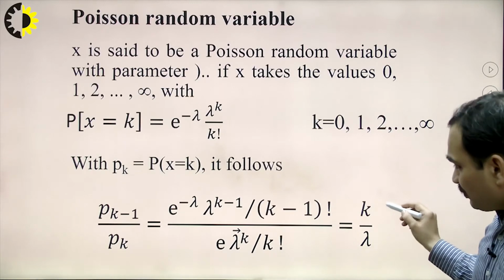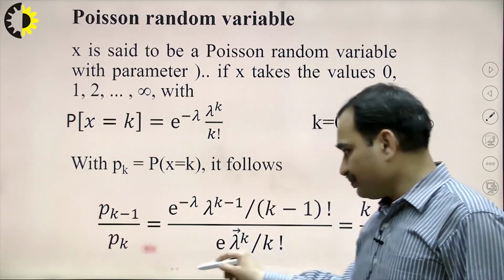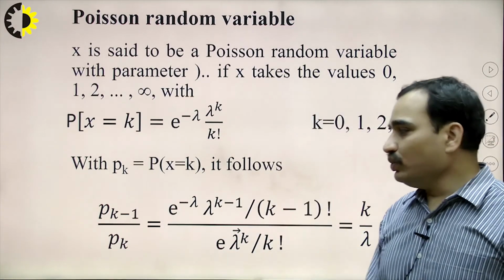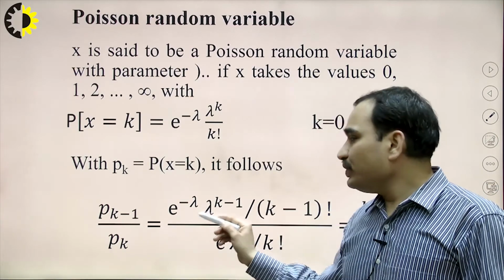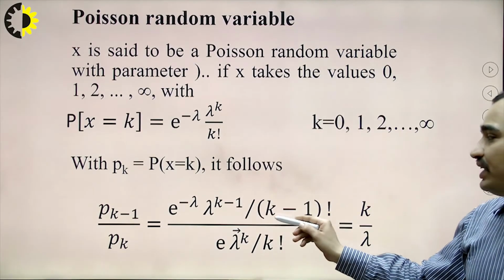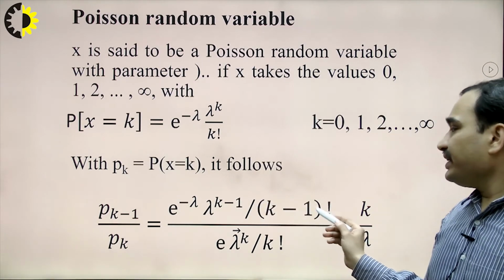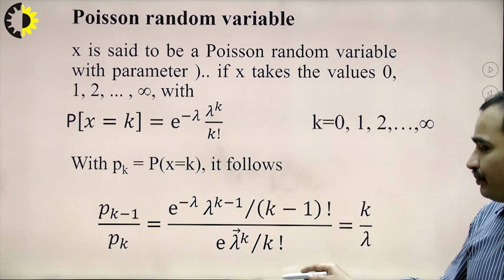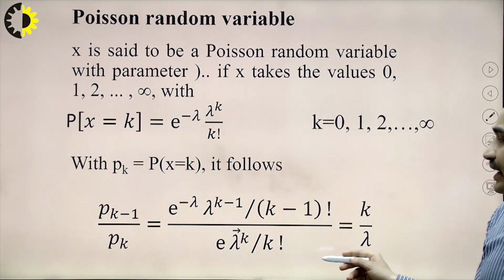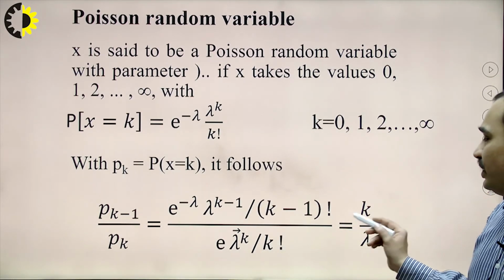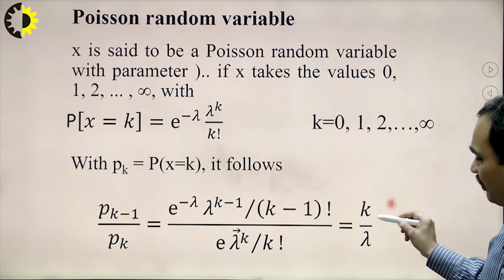It always follows this rule, that pk minus 1 by pk is equal to e raised to power minus lambda, lambda raised to power k minus 1 by k minus 1 factorial, upon e raised to power minus lambda, lambda raised to power k by k factorial. So simply we are getting k by lambda.